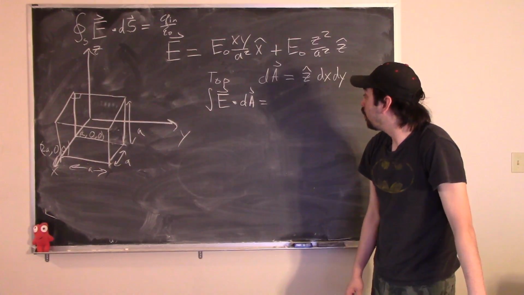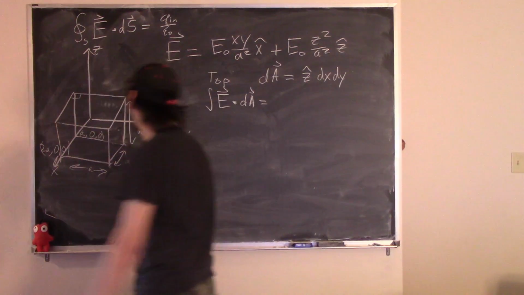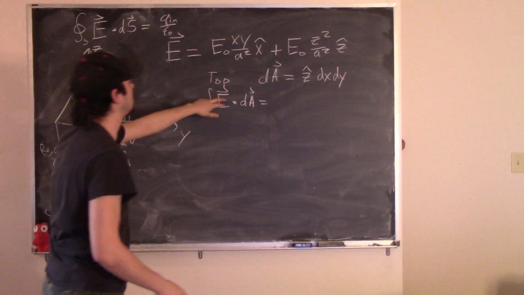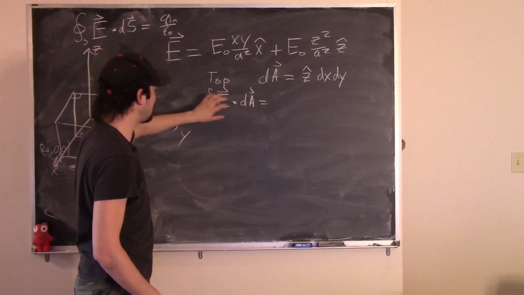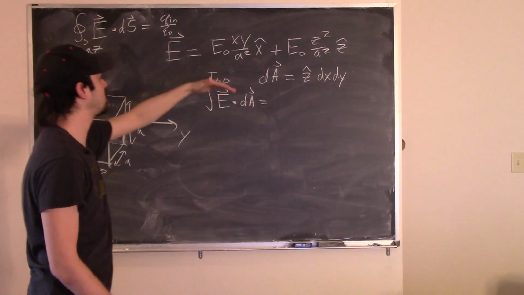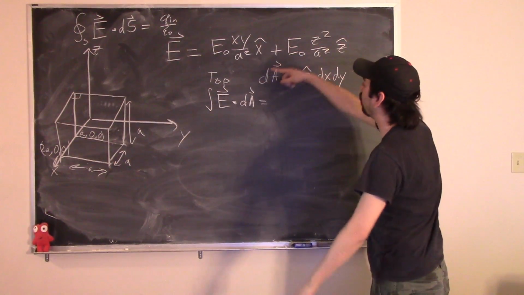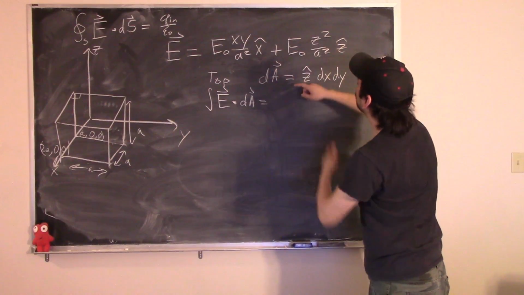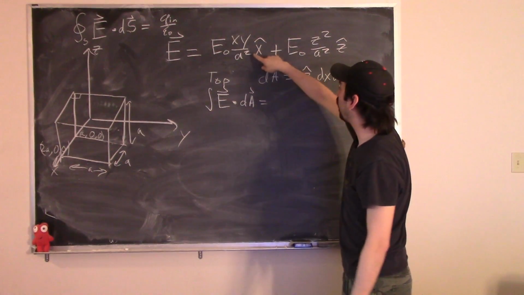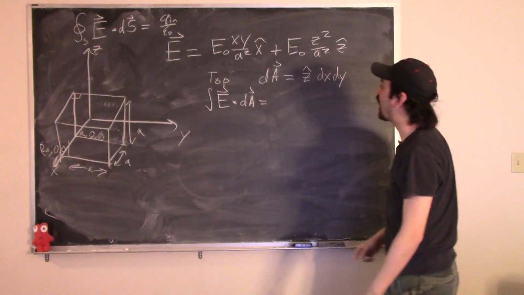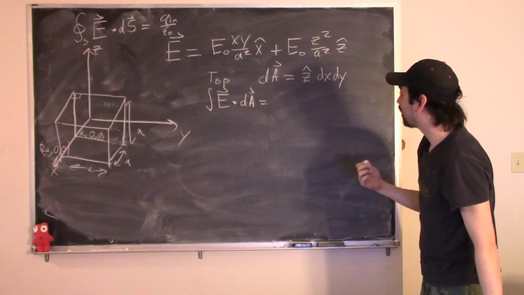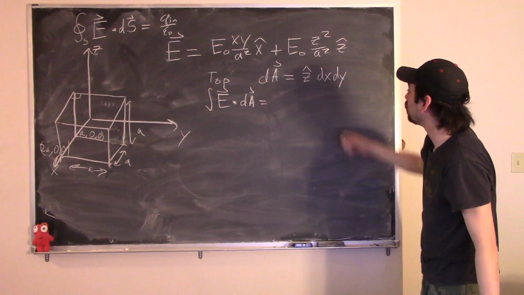Okay, so we wanted to find what the flux was out of this top surface, and so that's just to say that we have the integral of E dot dA for the top surface. We wrote down what dA was for the top surface, and then we need to take this dot product. Now I'm not going to write the whole thing because x hat dot z hat is going to be 0, since x hat and z hat are perpendicular to each other.